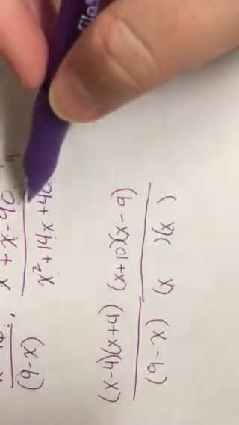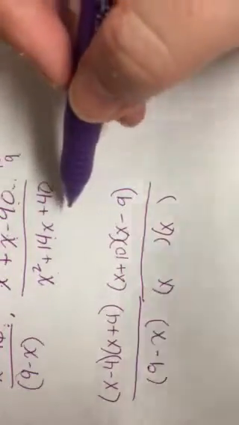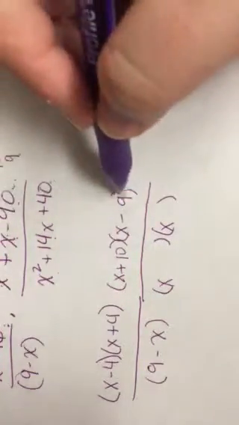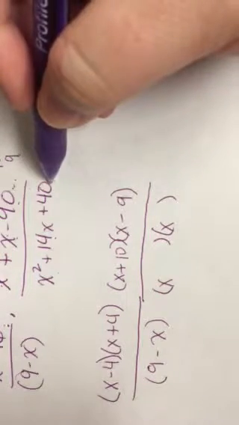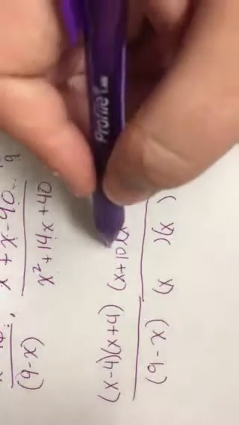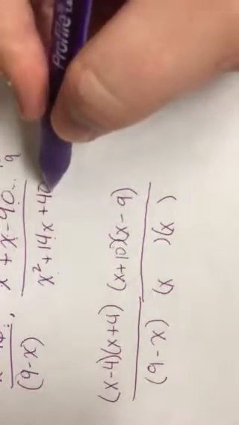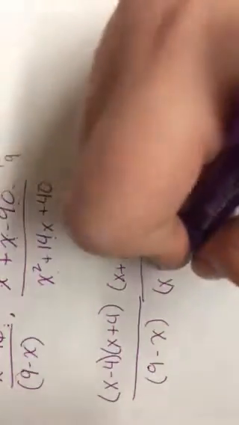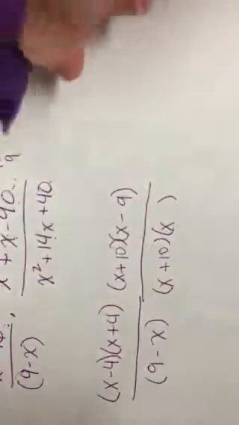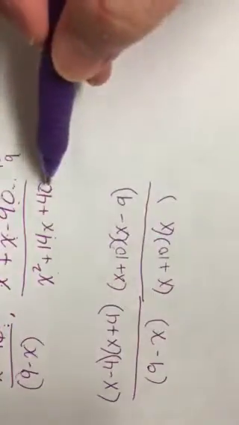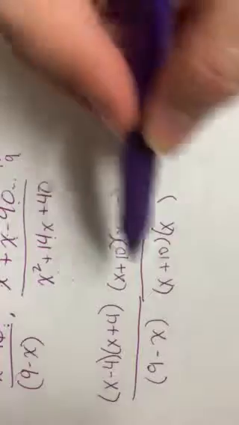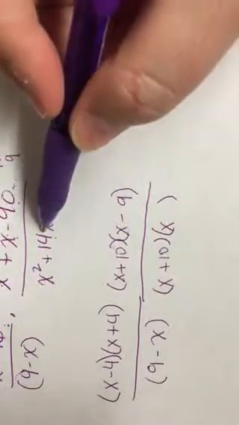So odds are when you're factoring, you're going to have some common factors. Since I know that 9 is not a factor of 40, odds are this x plus 10 is going to be one of my factors for this problem as well. So I'm going to try it, which tells me 10 times 4 gives me 40, and 10 plus 4 gives me 14.